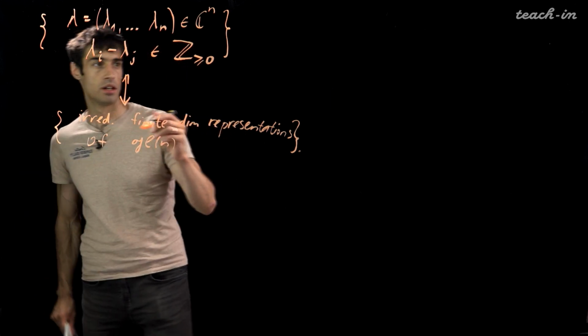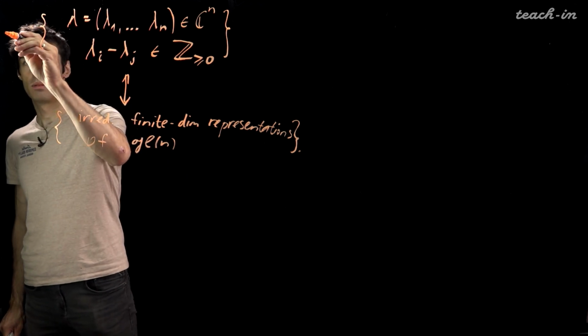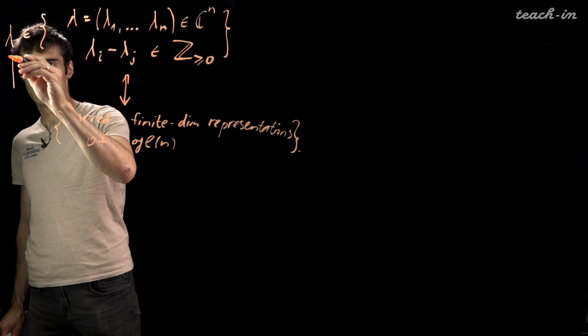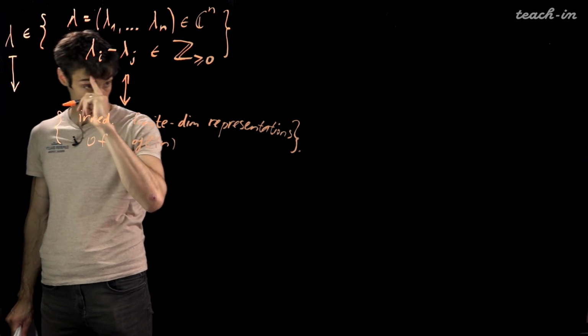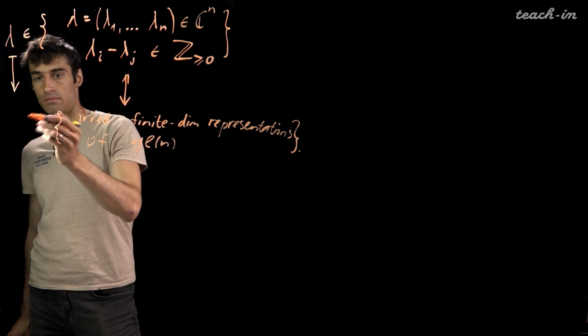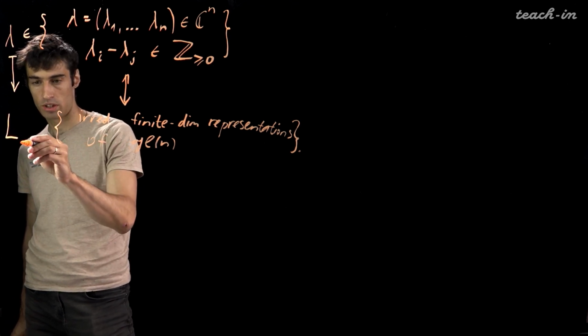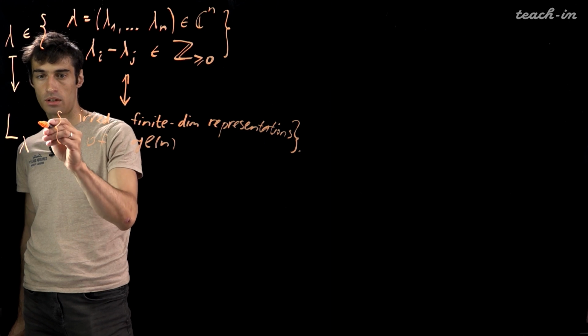So, of course, if I have an element lambda in here, I can denote by L_lambda the corresponding irreducible finite-dimensional representation.